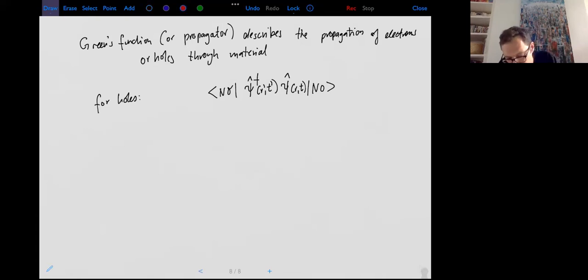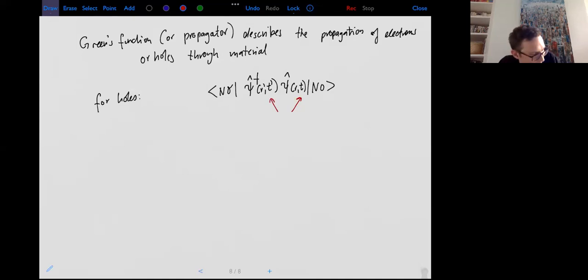And of course, what must be true is that T prime must be greater than T, right? Because we first must insert the hole before we can remove it. So this is a function that describes how a hole propagates through a material. And of course, we can write a very similar thing down for electrons.